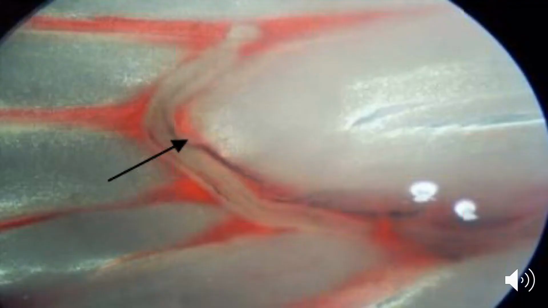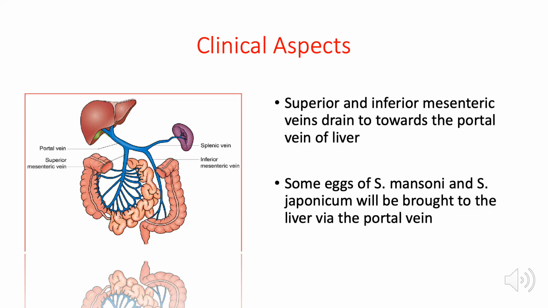This is another picture of the adult Schistosoma worm within the lumen of one of the branches of the portal vein. Take a look at the superior and inferior mesenteric veins.